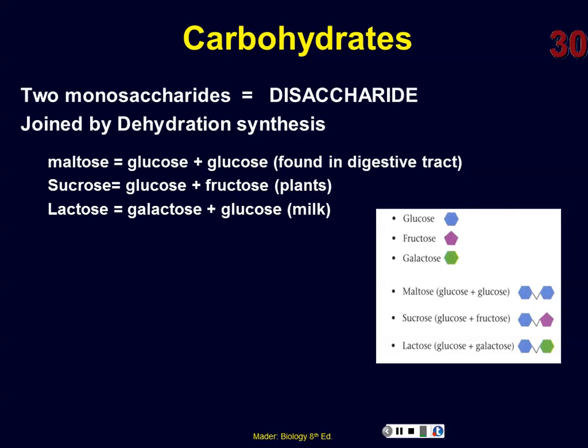Real sugar. And lactose is milk sugar, and that is a galactose bonded to a glucose. So all of these are disaccharides. And if you'll notice in the illustration, they are using these different symbols there, and you see that maltose is glucose and glucose, sucrose is glucose and fructose, etc.